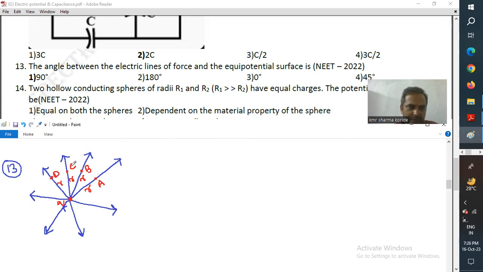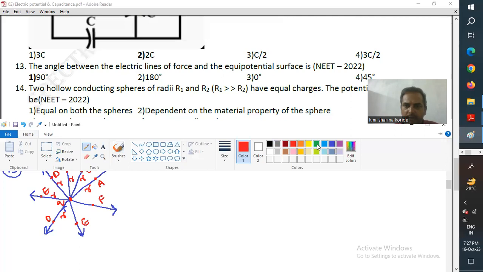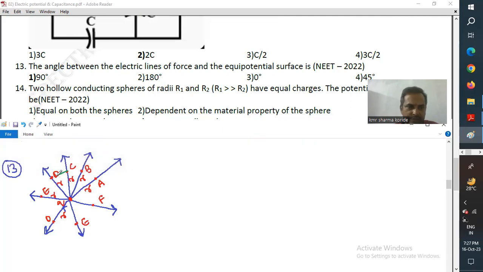It is just like the net of a spider. So this is point E, which is at the same distance. This is point D, which is also at the same distance. Then this is point E, then F. So if you join them, how it looks like. So this is nothing but an equipotential surface.